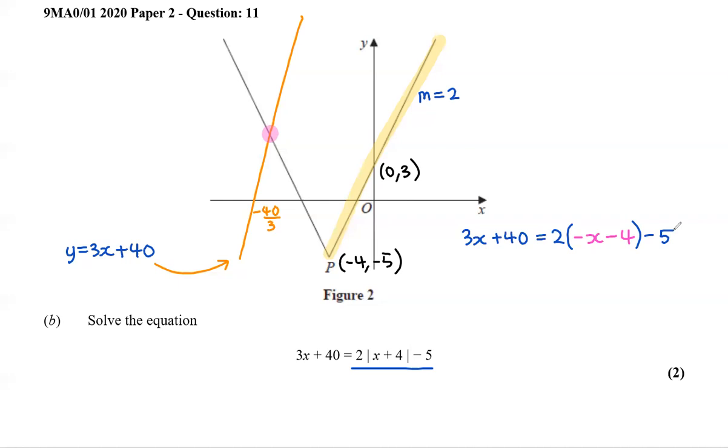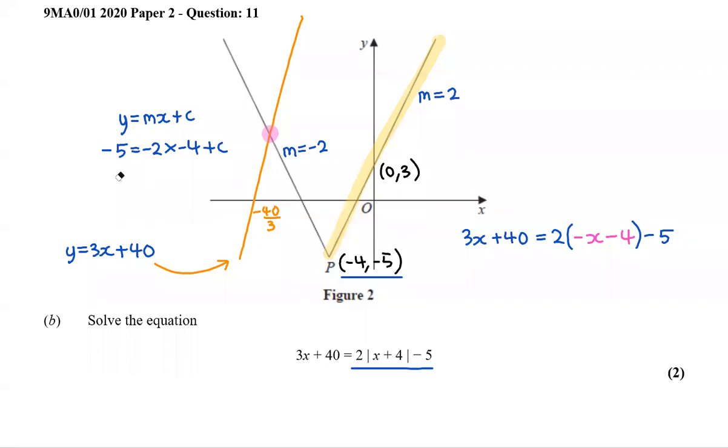Another way to do it is just to piecemeal kind of build the equation yourself. So this gradient is going to be negative 2. Okay, because it's a mirror image of the positive branch, and it's passing through negative 4, negative 5. So if we use y equals mx plus c, very quickly, we would see that negative 5 is equal to negative 2 times negative 4 plus c, which means that I'd have to add 8 to both sides, which would be, no, that's wrong, sorry, beg your pardon.